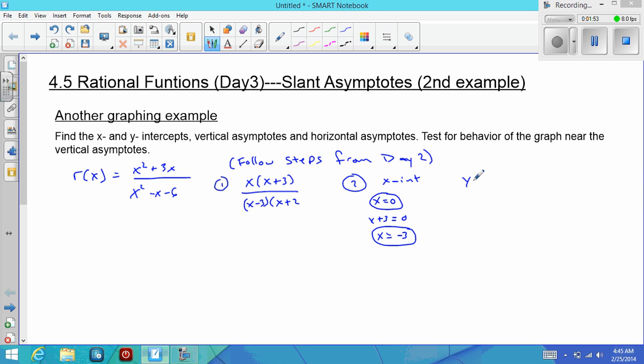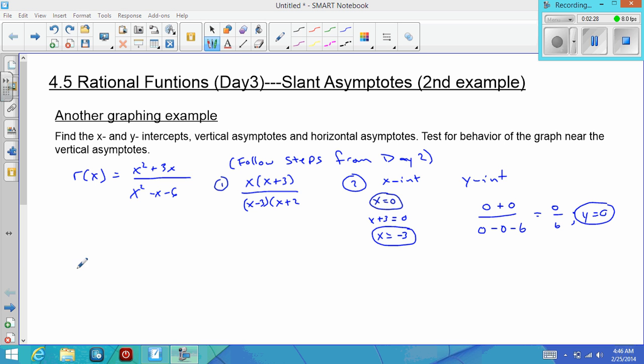And for the y-intercept, we are going to plug in the value of 0 for all of our x's. And anytime you plug in 0 into a term involving x, it creates a 0 for that term. So we get 0 plus 0 over 0 minus 0 minus 6, which is 0 over 6, which means y is equal to 0. So that is our y-intercept.